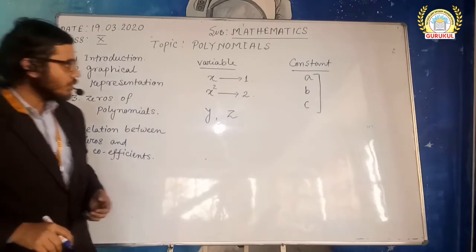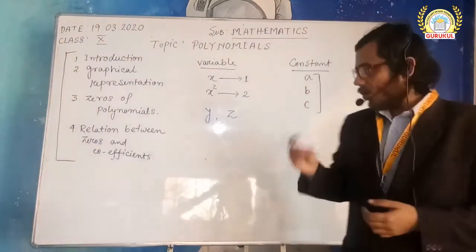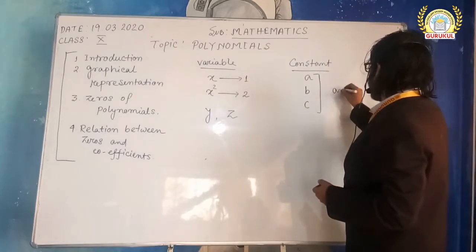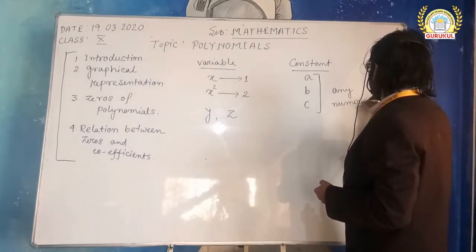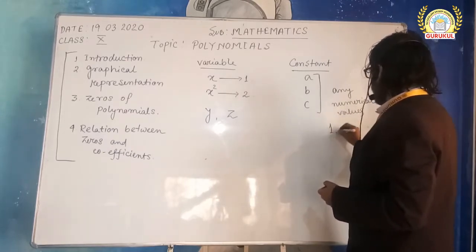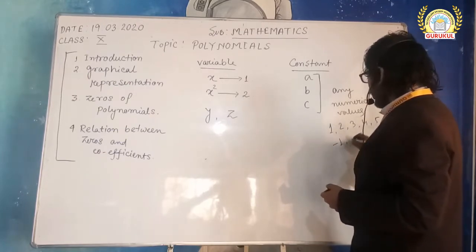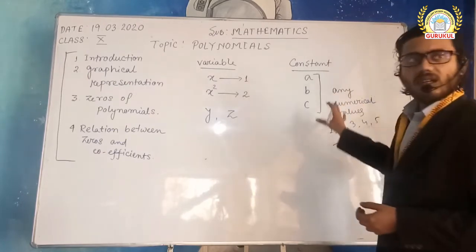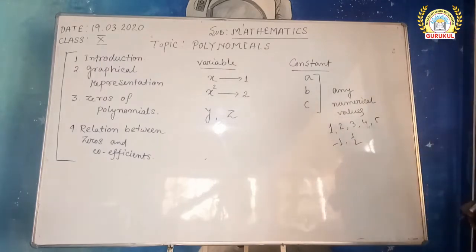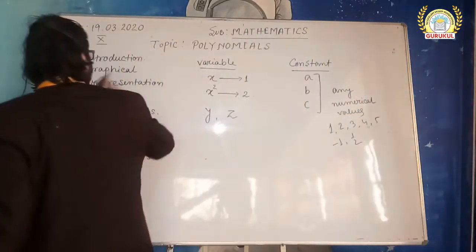In case of constants, a, b, c, or any numerical values like 1, 2, 3, 4, 5 or minus 1 or any kind of fraction values, any numerical values you can take as constant.